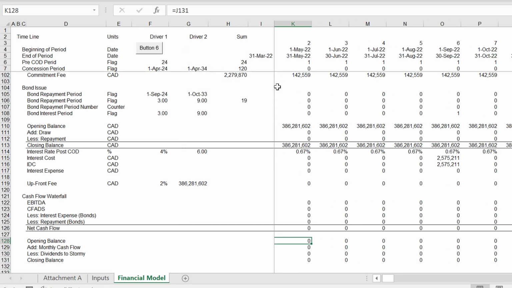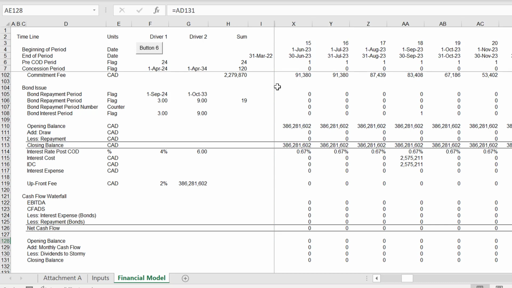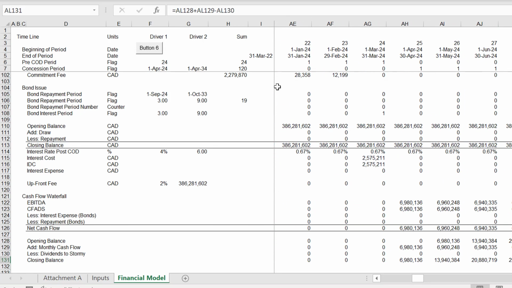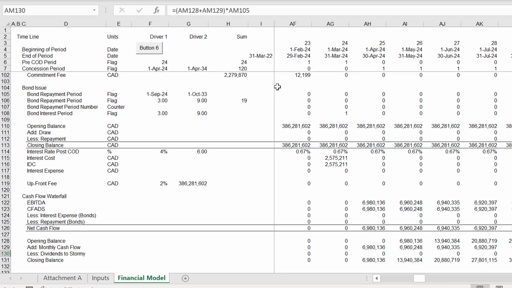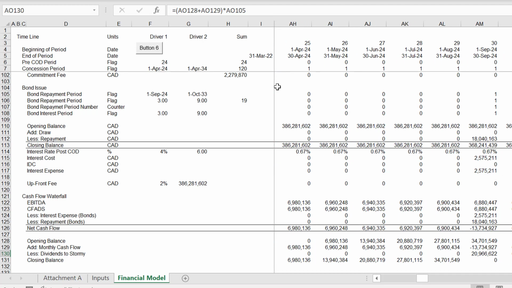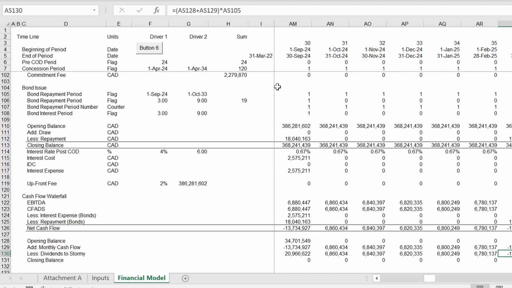Okay, let's just see what happens. So our cash is going up, up, up, and then we have this one. We take away the negative cash, and that leaves us this much for the dividends. Then we start with zero cash, we get it up here, and something happened with our opening balance.